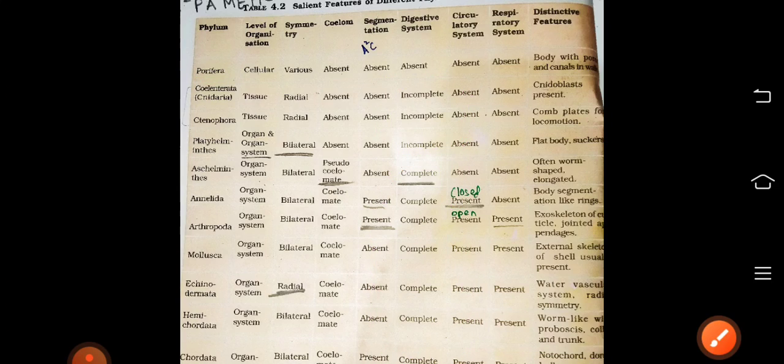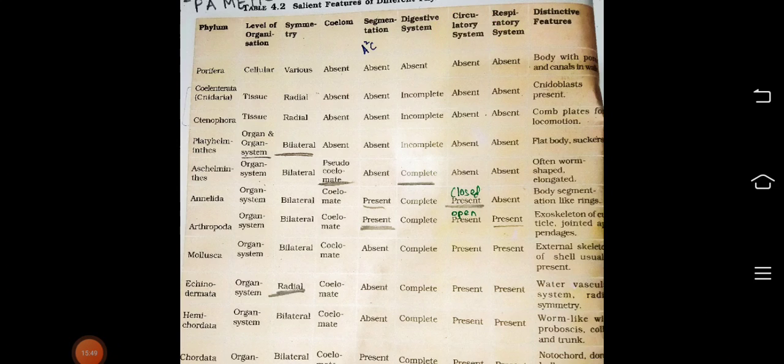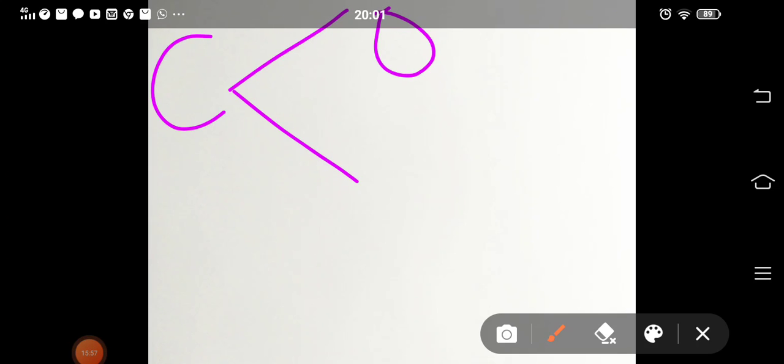Now let's see the circulatory system. Before seeing the examples, I just want to tell you some things about it. So we need a blank slide. See, it is of two types: open type and closed type. In the open type, the blood is pumped out of the heart and the cells and tissues directly bathe in it.